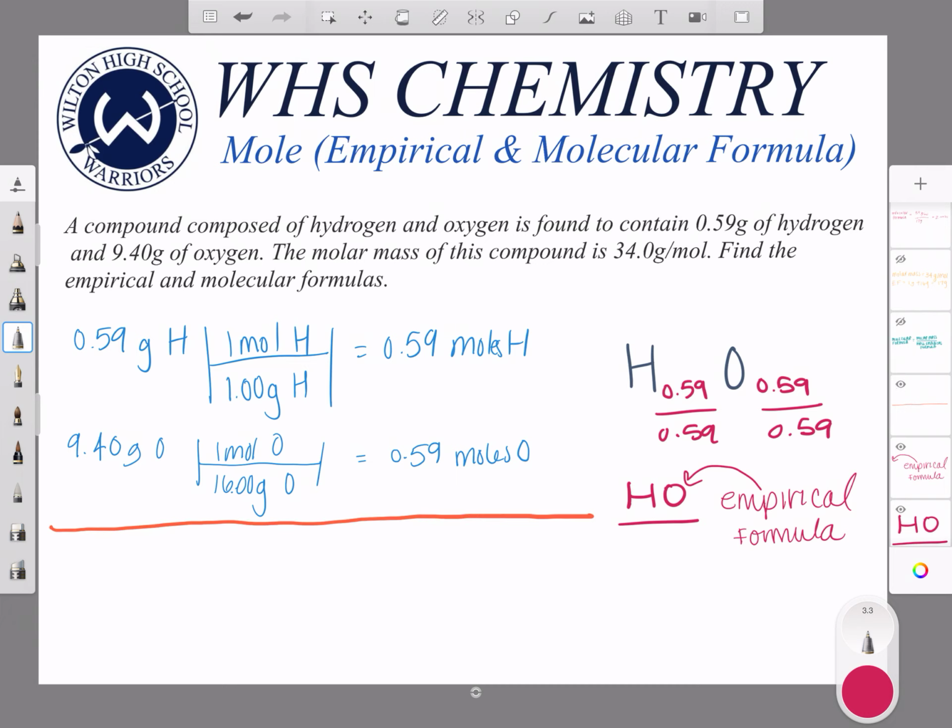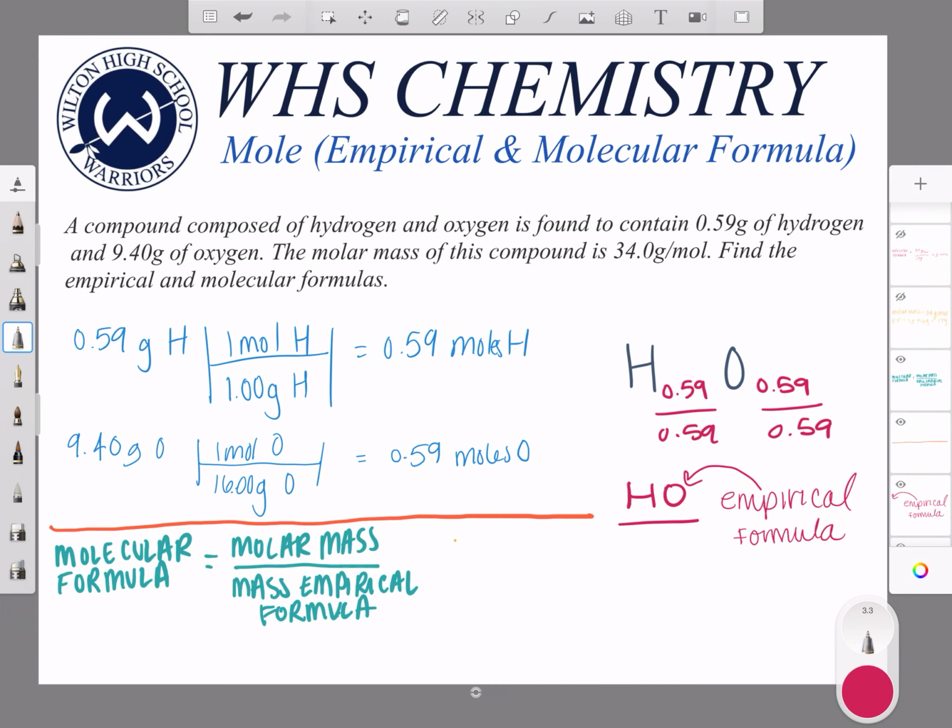In order to find our molecular formula, we take the molar mass divided by the mass of the empirical formula. We know our molar mass, they told us in the problem, was 34 grams per mole. And for the empirical formula mass, we know hydrogen has a molar mass of 1 gram and oxygen has a molar mass of 16 grams, so that gets us 17 grams.